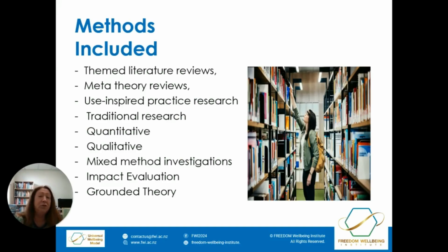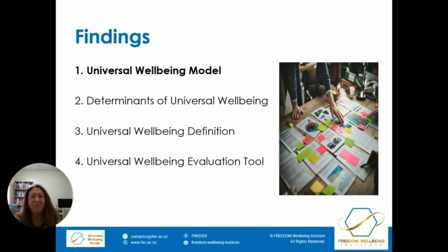The researchers used a diverse range of methods: themed literature reviews, meta-theory reviews, use-inspired practice research, traditional research, quantitative, qualitative, and mixed method investigations, and they also used impact evaluation and grounded theory. 4 findings have emerged from this wellbeing research program: the Universal Wellbeing Model, the determinants of universal wellbeing, a universal wellbeing definition, and a universal wellbeing evaluation tool.